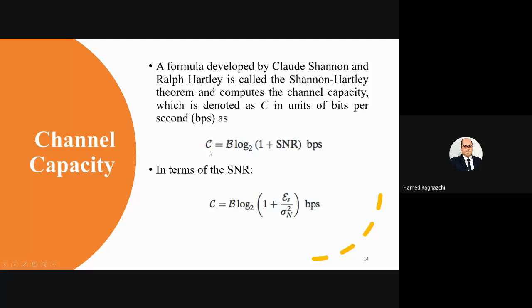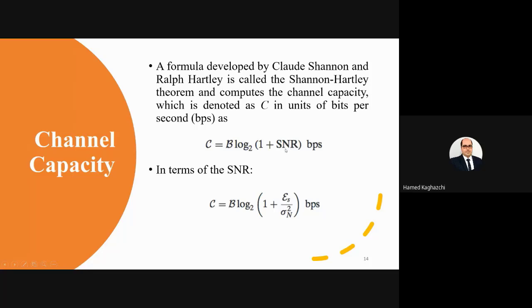Using this formula, we can compute the capacity of the channel that we want to transmit our data through. It is called C, and C is equal to B, the bandwidth of the channel, multiplied by log 2 of 1 plus SNR.